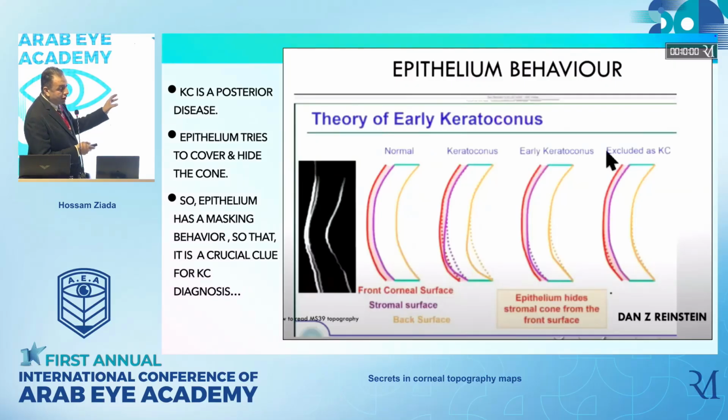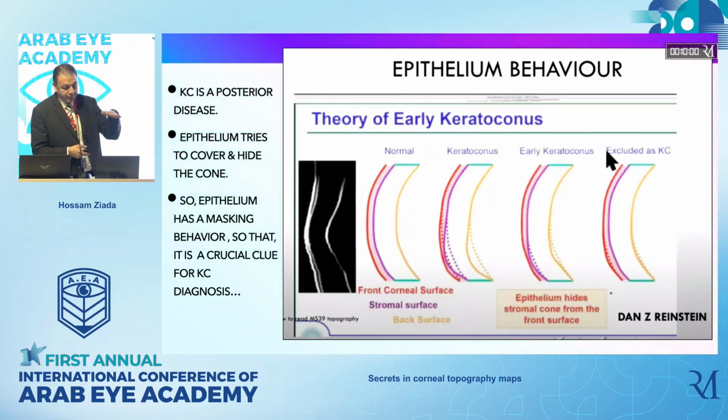So thinning of the cornea, which is a characteristic sign in keratoconus, is formed by the ultimate thinning of the epithelium on the top of the cone apex, in order to keep better vision and a regular surface, as I said.